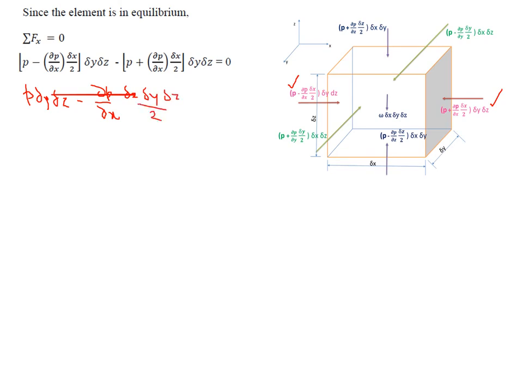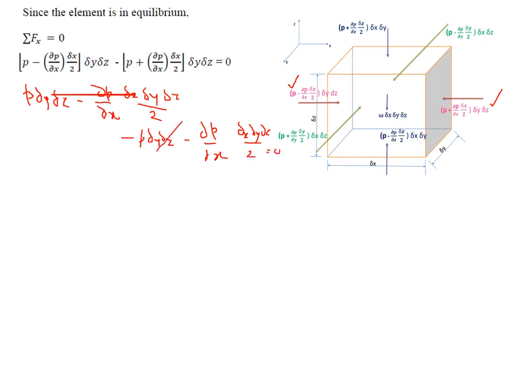Then this is minus P ΔY ΔZ, and minus into plus is minus, so minus ∂P/∂X times ΔX ΔY ΔZ divided by 2, should be equal to 0.